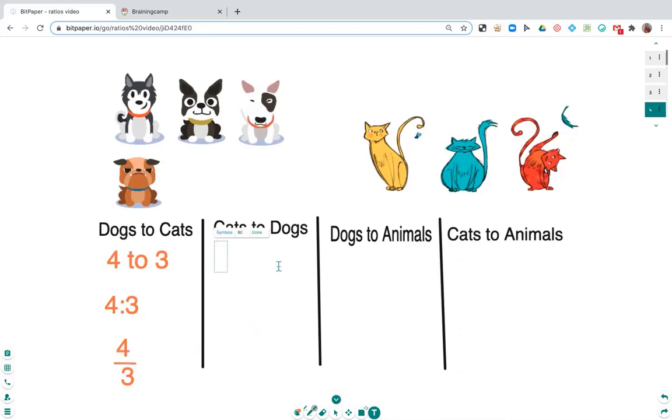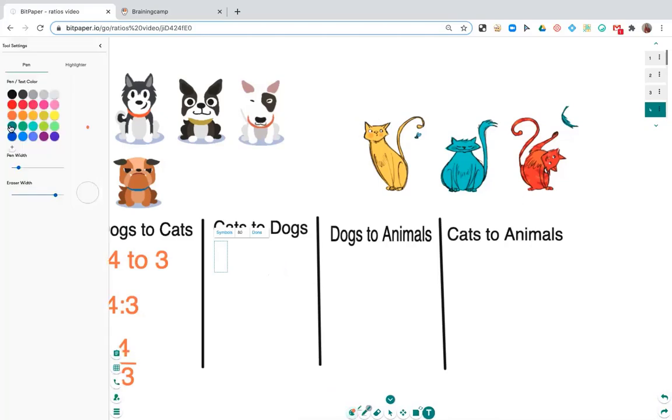The ratio of cats to dogs would be 3 to 4, 3 over 4, or 3:4.